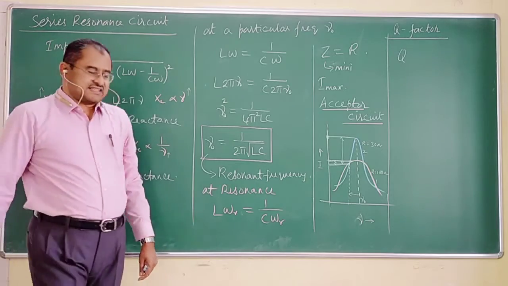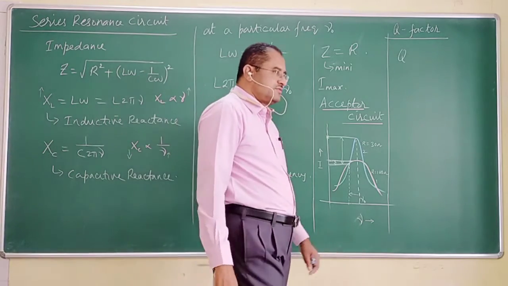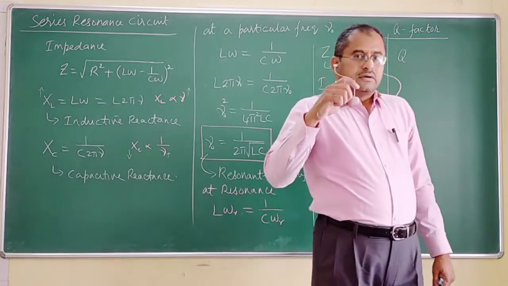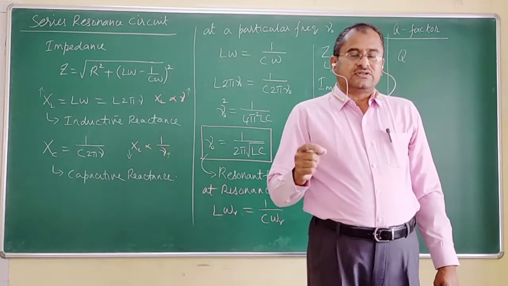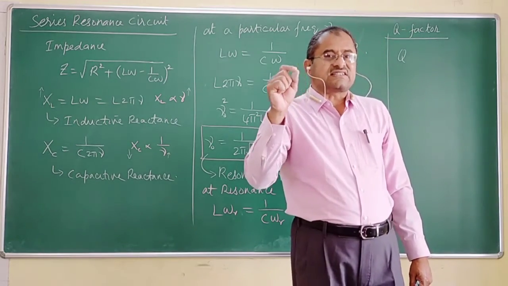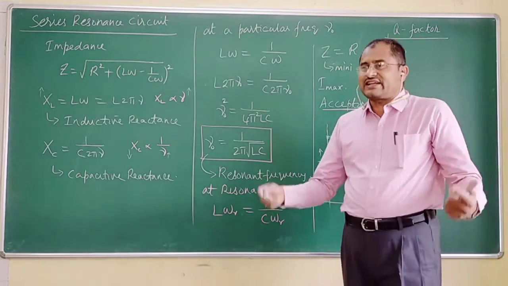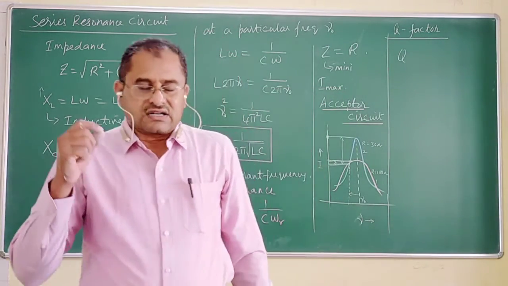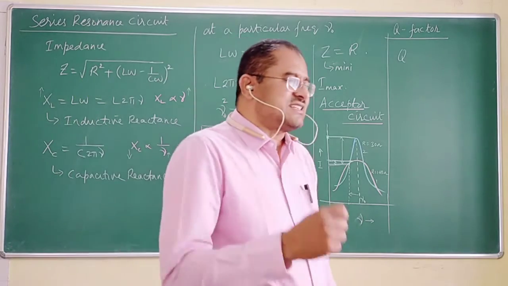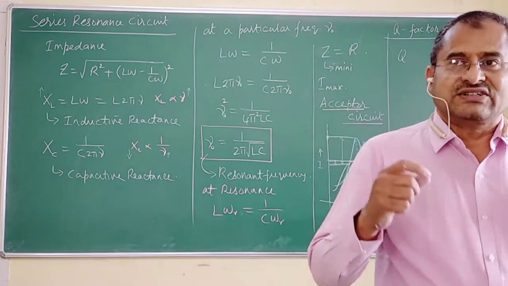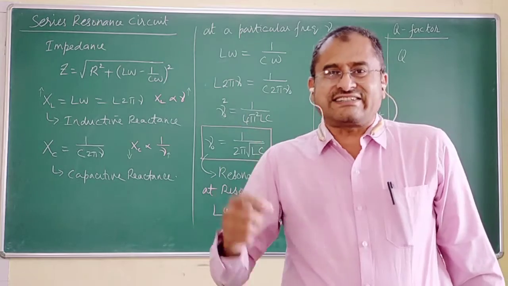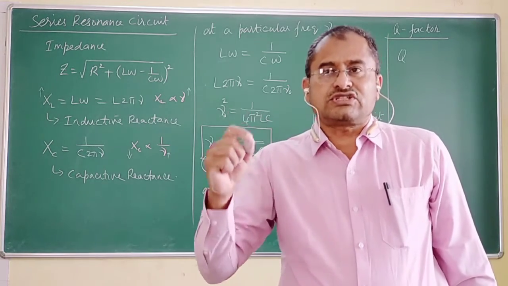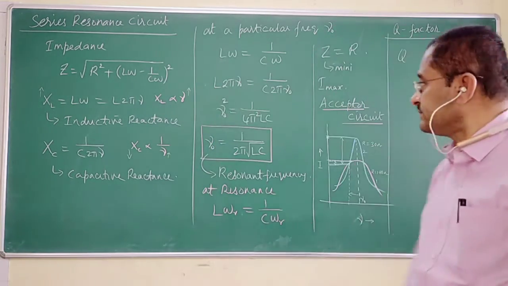It is defined as the ratio of inductive reactance to the resistance of the circuit. Or we can define it this way: the quality factor or sharpness of an LCR circuit can be defined as the ratio of reactance to the total resistance of the circuit.